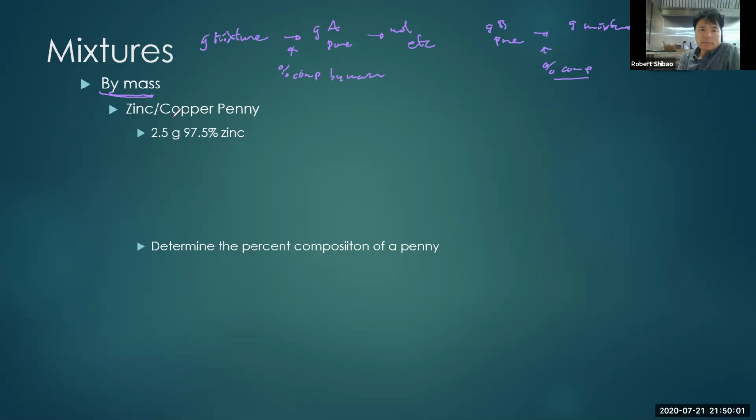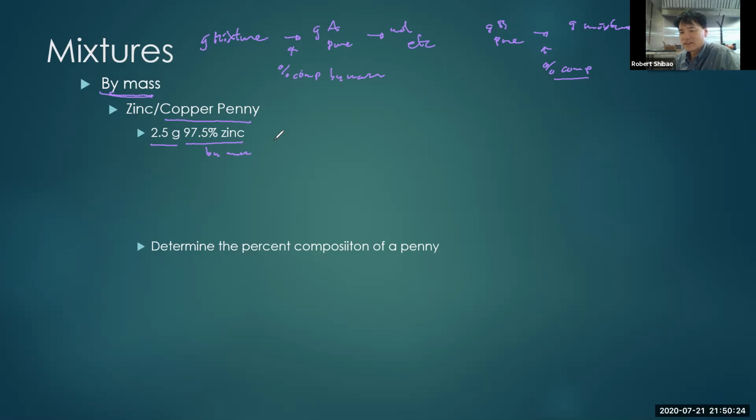Do you know the modern day copper penny? A modern day copper penny weighs 2.5 grams. But a copper penny is not copper. A copper penny is 97.5% zinc by mass. A copper penny is a piece of zinc that's coated with a very thin layer of copper.